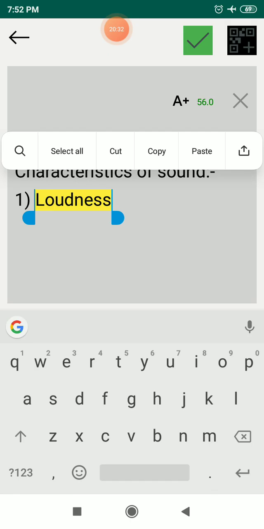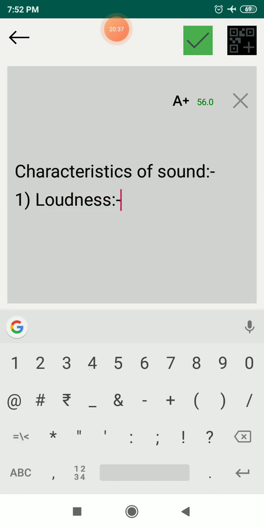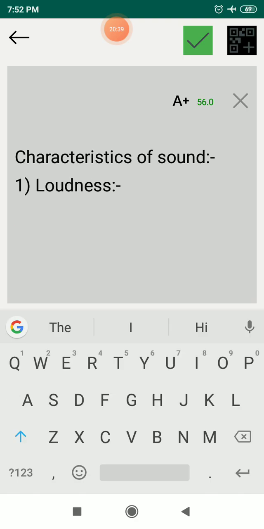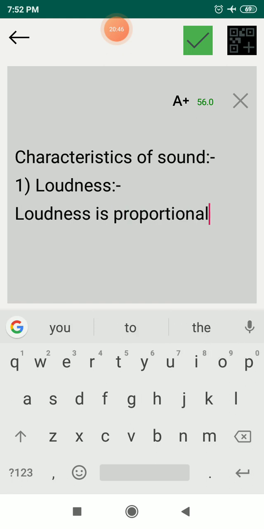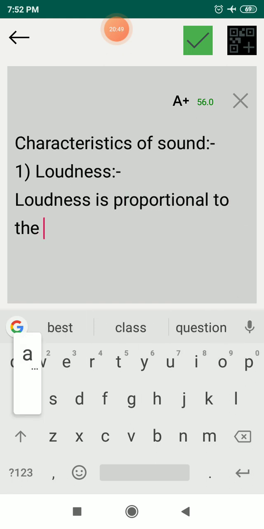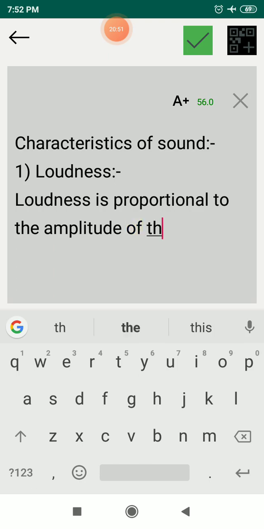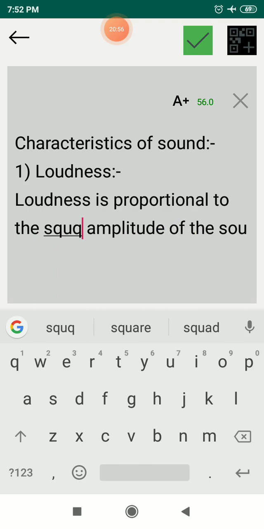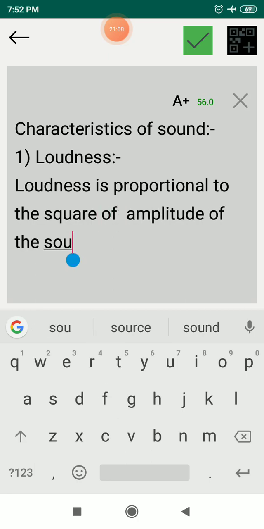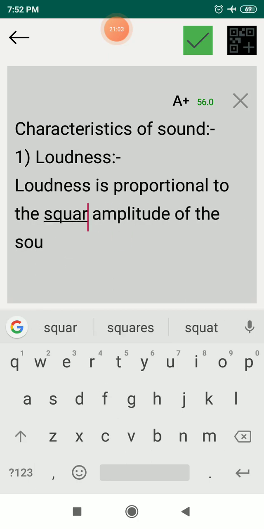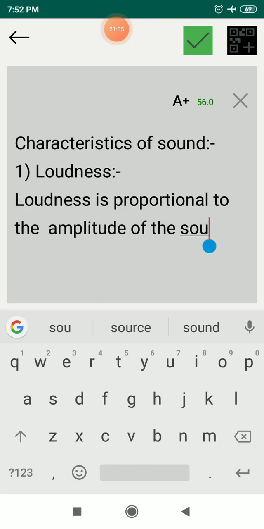What is the loudness of the sound? Before discussing that, you should know that loudness is proportional to the amplitude of the sound.